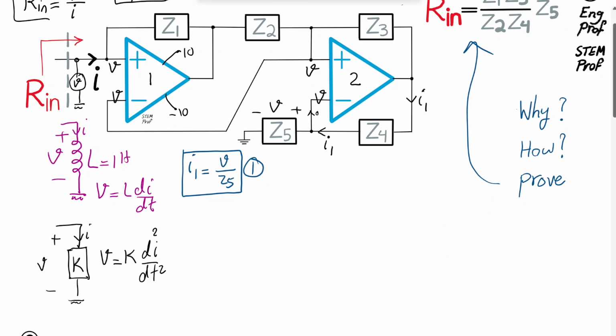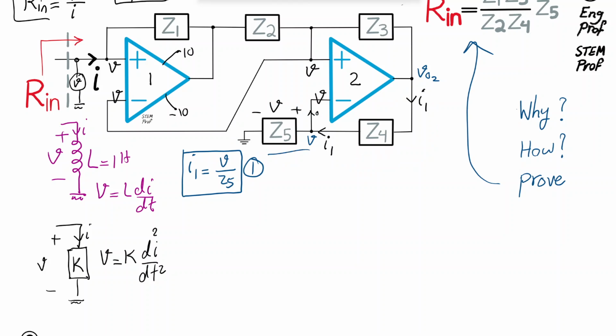Well, we have the voltage here, V. We have the current I1. So I can find Vout2 at the output of the second op-amp because it is simply a scale up of the voltage across the series of Z5, Z4, because Z4 and Z5 are effectively in series.